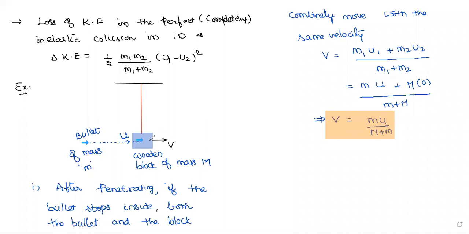But look here. When it tries to move, the problem is the combined mass can't move in the same direction. Why? Because after penetrating and stopping the bullet inside, it is suspended by the string.